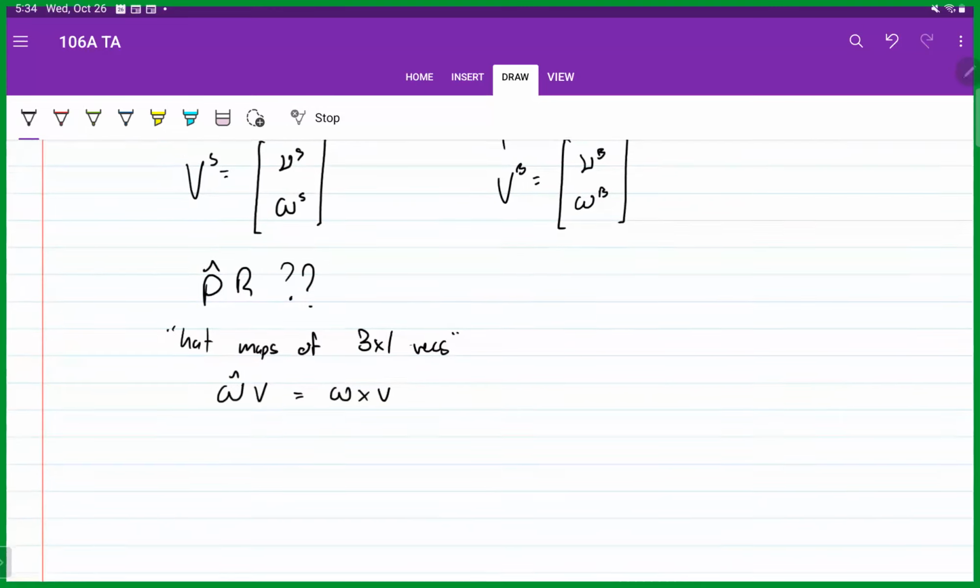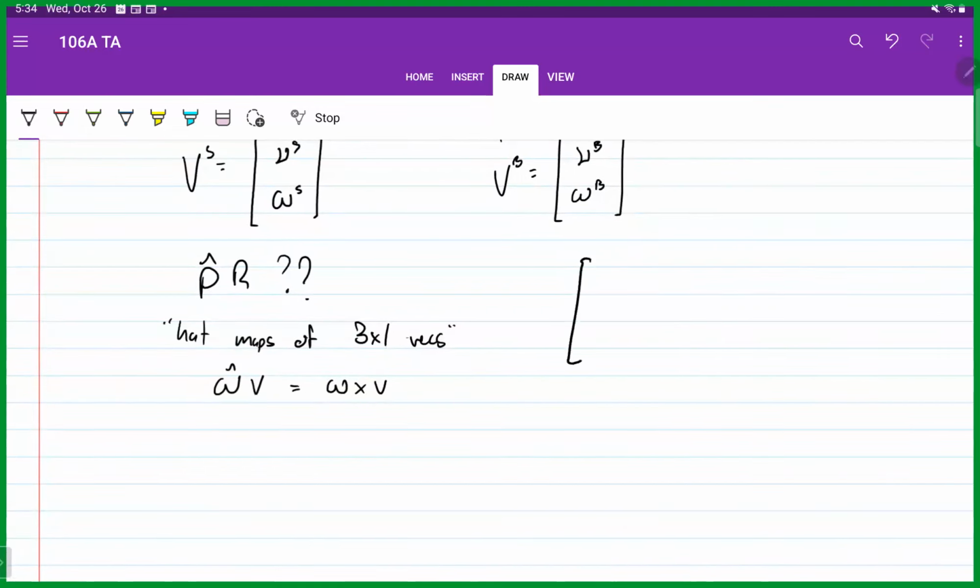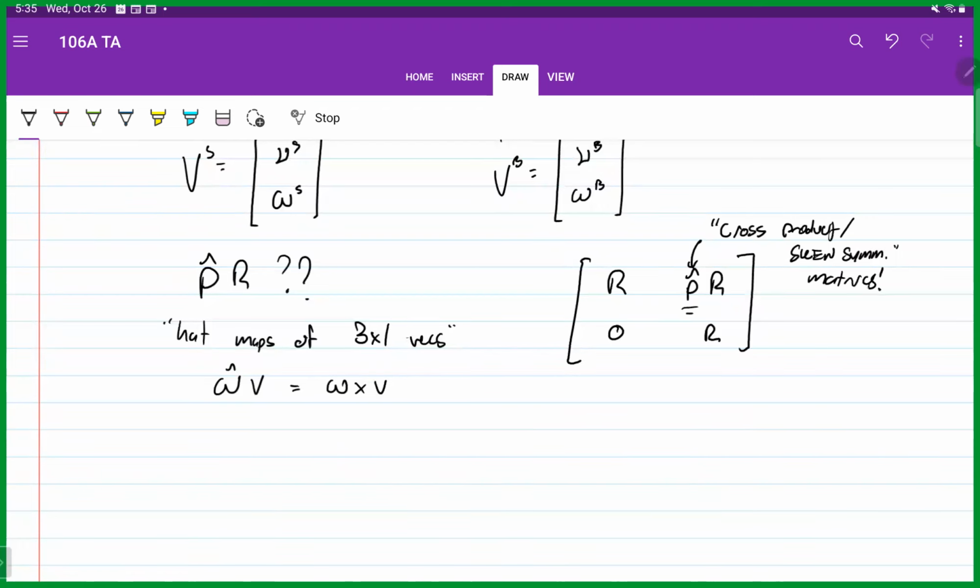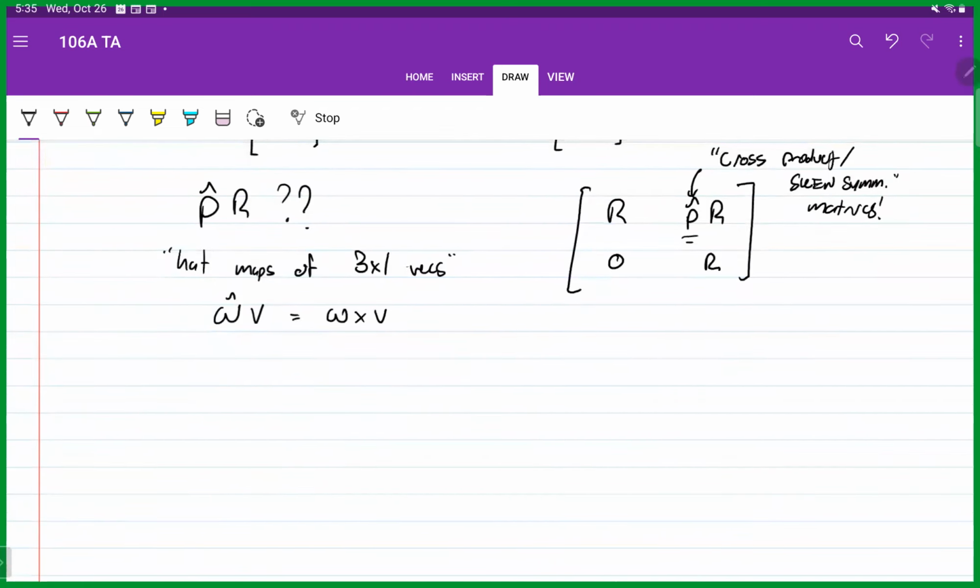So in this term we have a matrix with R, p hat R, 0, and R. p hat in this case is one of these cross product, or skew symmetric matrices, right?